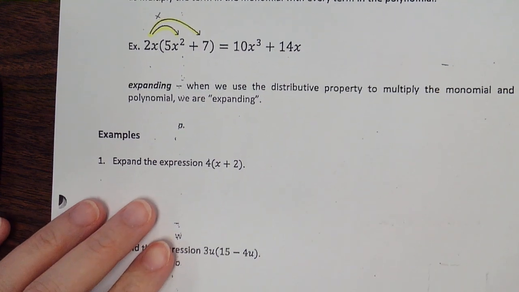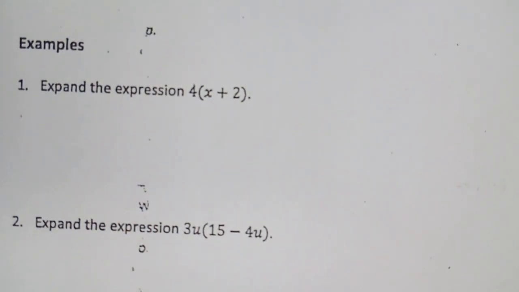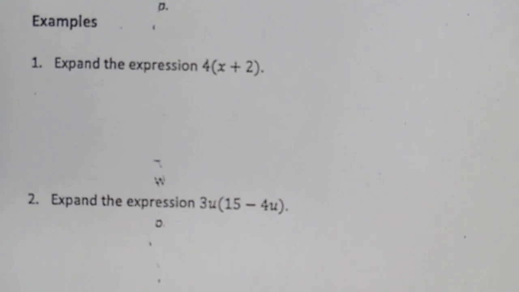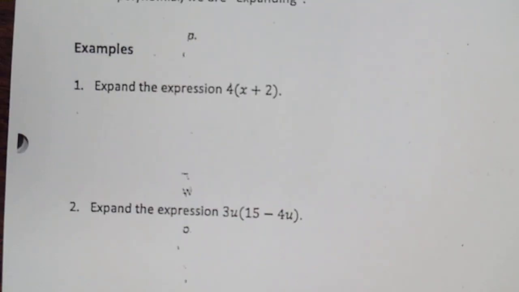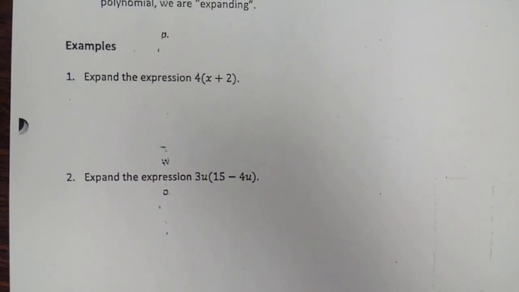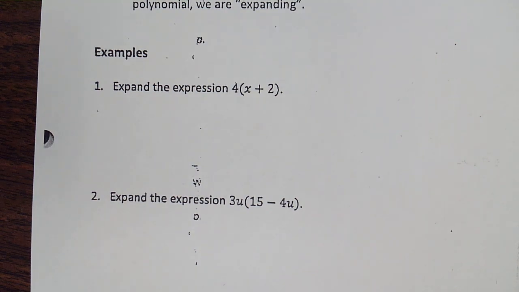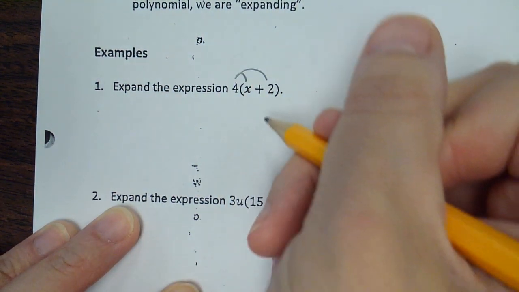Okay, so let's try this one then. You have 4 times x plus 2. All right, so multiply that 4 to everything inside the bracket.